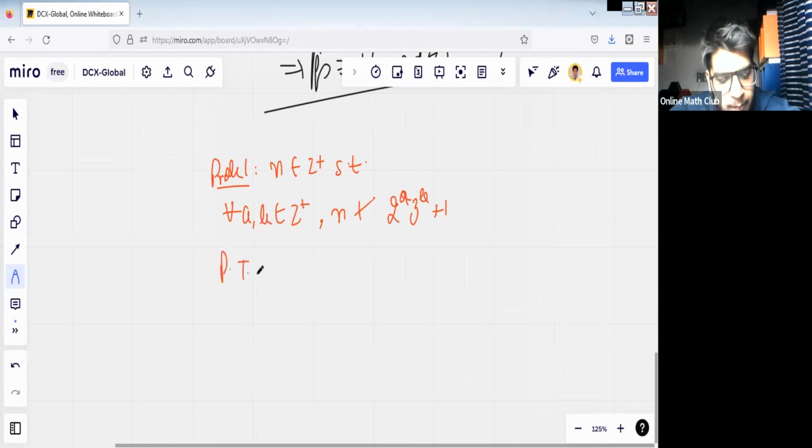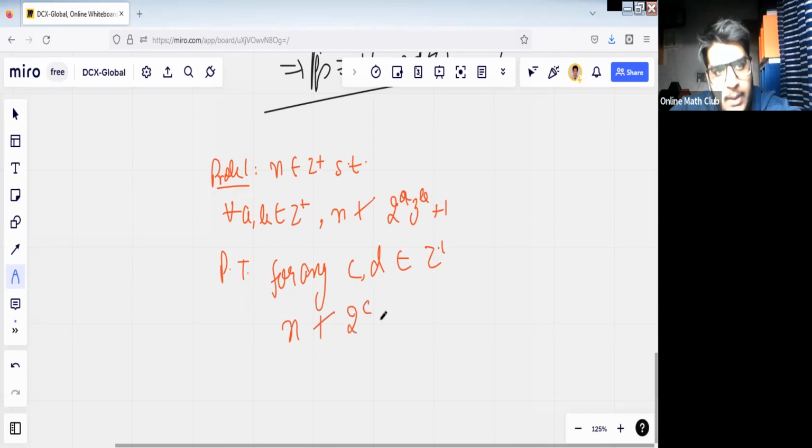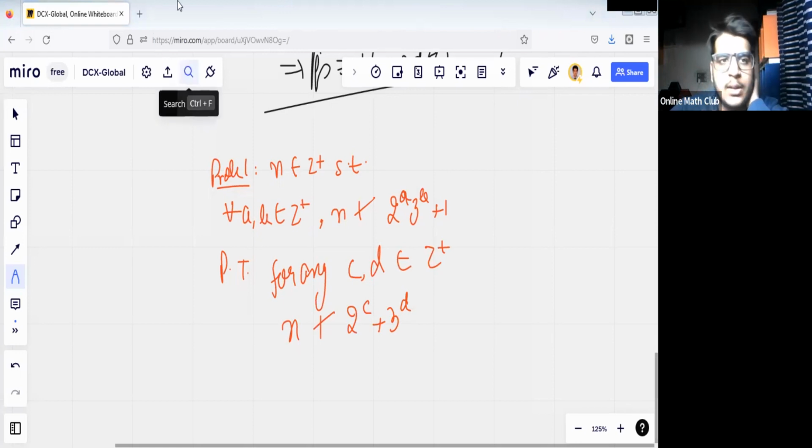Then prove that for any positive c, d, n does not divide 2^c + 3^d. It has, in some sense, the same idea as Fermat's Christmas theorem. Not exactly, but in some way.